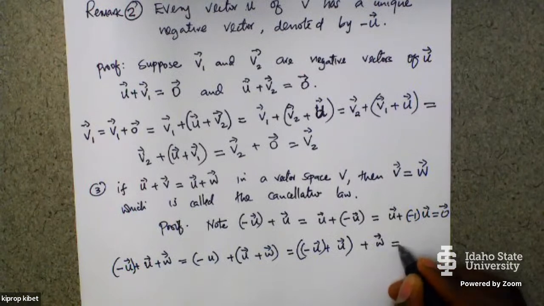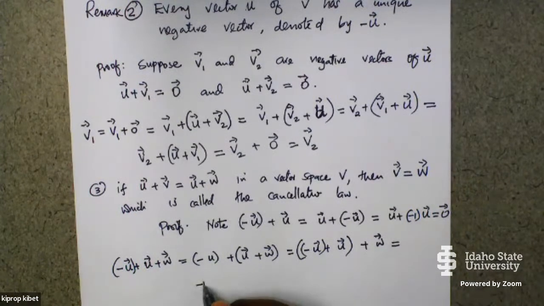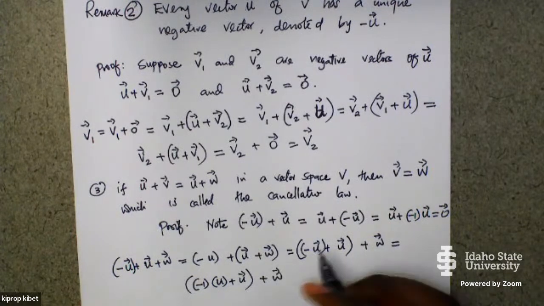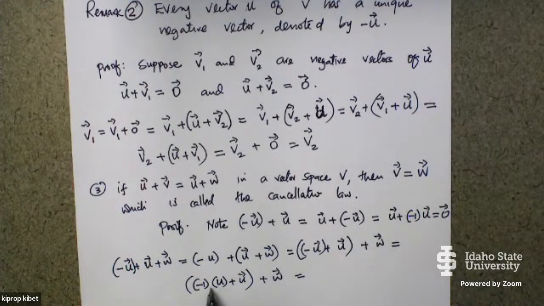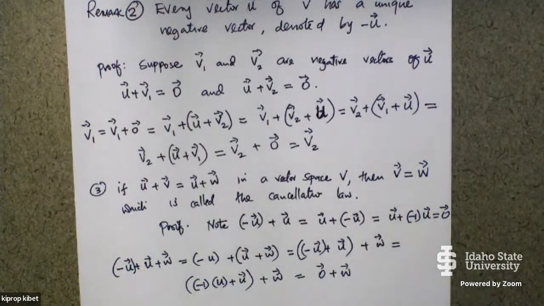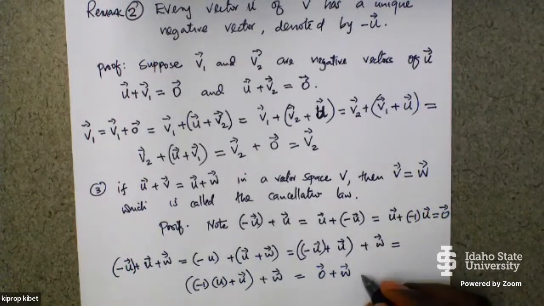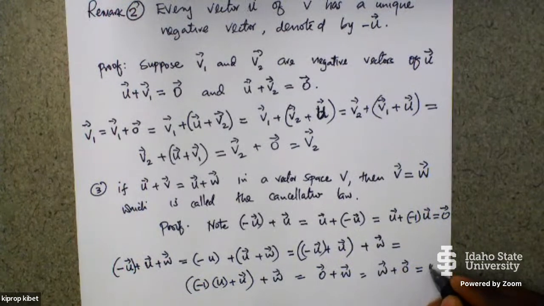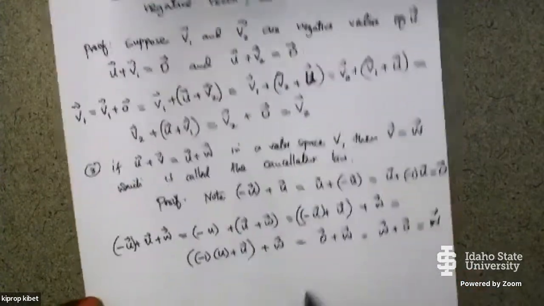And this is the same as minus 1 u plus u, plus w. And this is equal to 0 plus w, since this one is equal to 0, which is also the same as w plus 0. And therefore, this is equal to w.